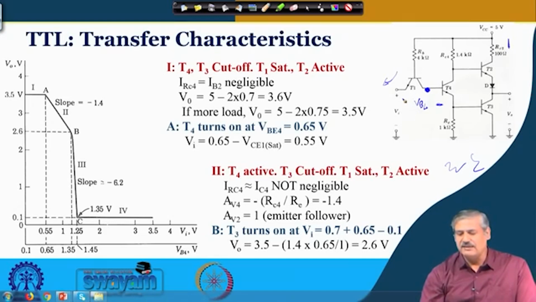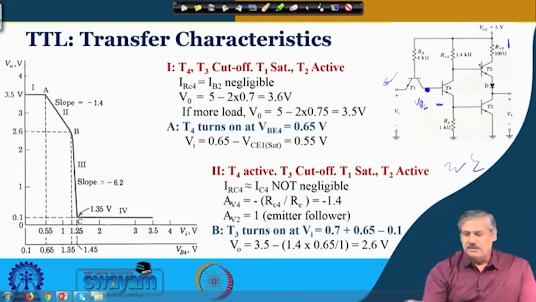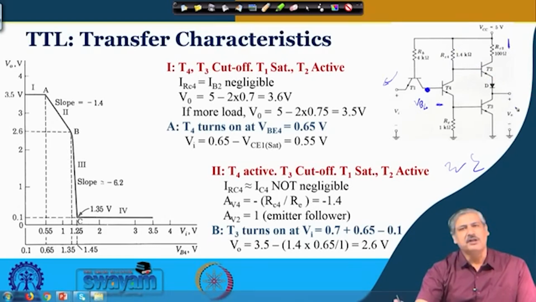What happens at that time to T2? T2 at that time is on, and the current that is flowing past T2 depends of course on the load, because T3 is off. For a typical load, the current over here is the base current, which is relatively small. So, the IB and RC4 drop is small.